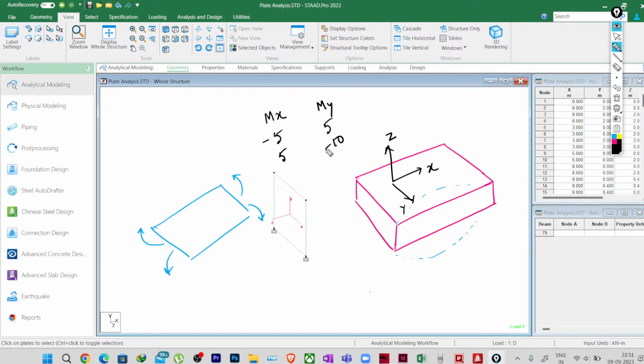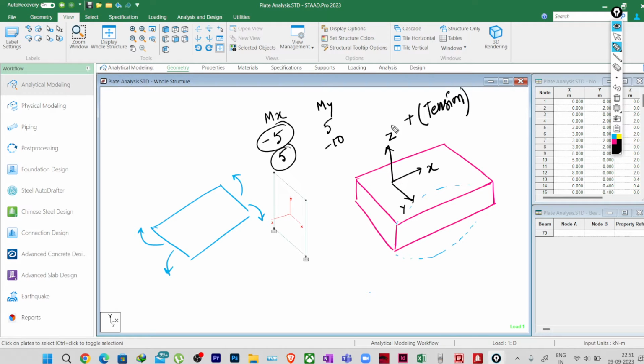Now how to understand whether the negative value is hogging, or the positive value is hogging, or the negative value is sagging? So always remember, the direction of the z local axis will always be positive. Positive when this face is under tension.